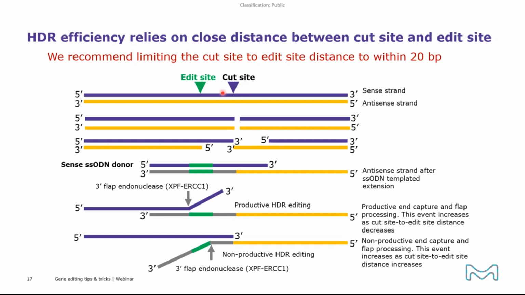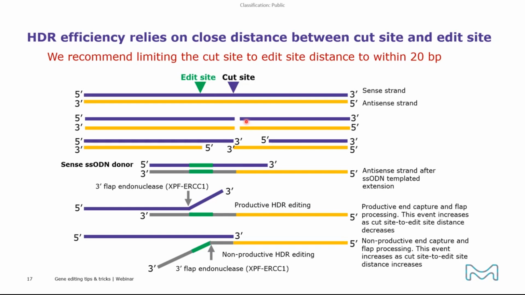Based on our experience, when the distance exceeds 20 base pairs, the efficiency may decline drastically as the cut site is farther away from the edit site. HDR editing efficiency declines as the distance from cut site to edit site increases. And here is a model to illustrate the relationship.